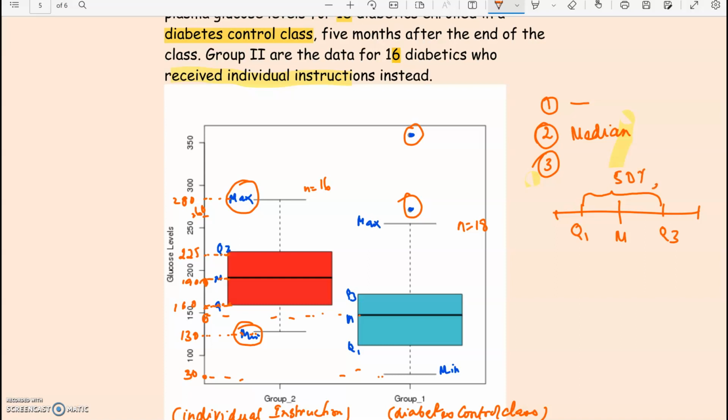So the middle 50% of group 1 lies between about 120 and 170, whereas for group 2, the blood glucose levels of the middle 50% lie between 160, which is much higher than 120, and 225, which is again much higher than 170 milligrams per deciliter.